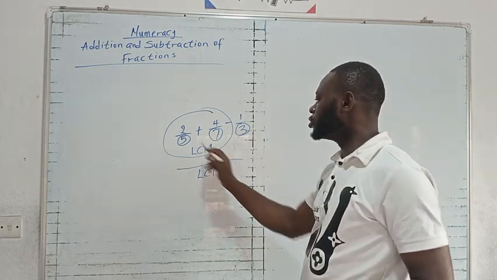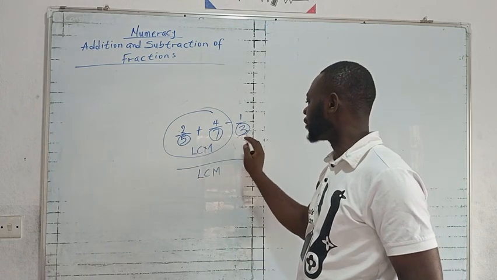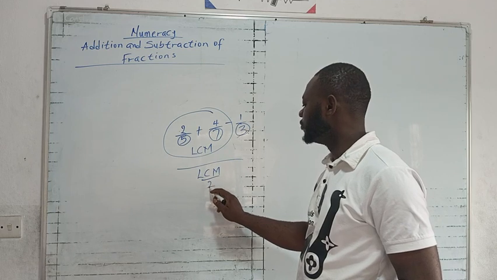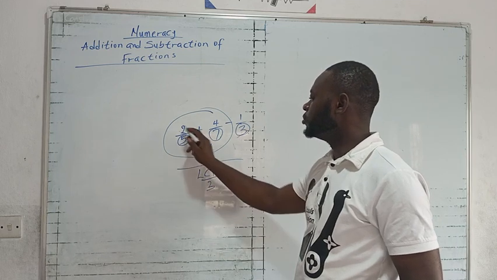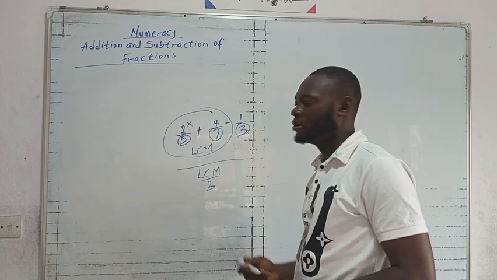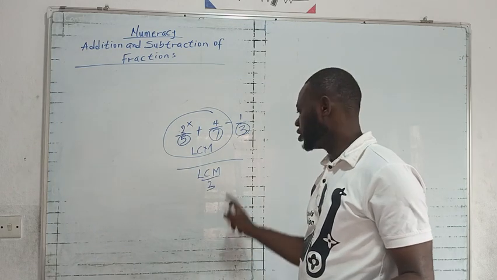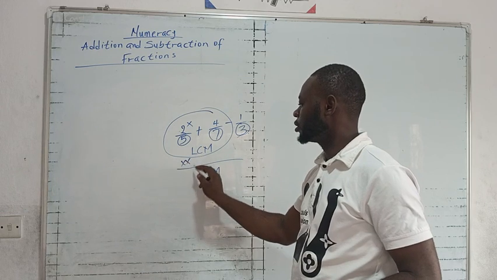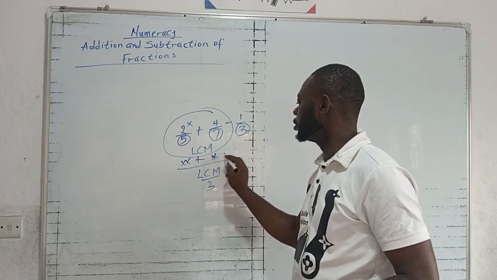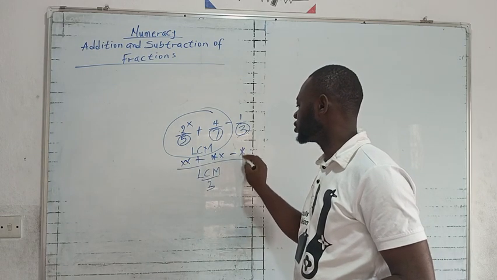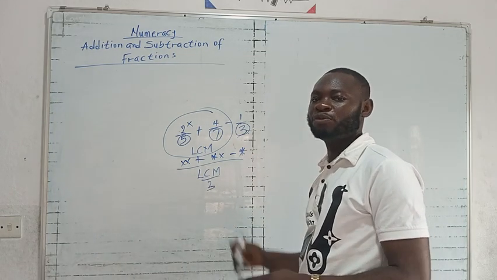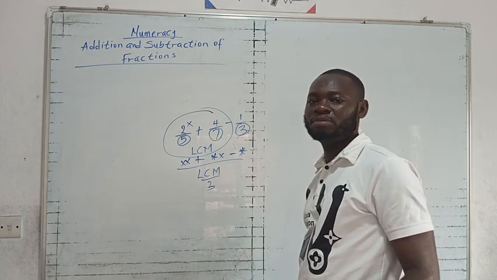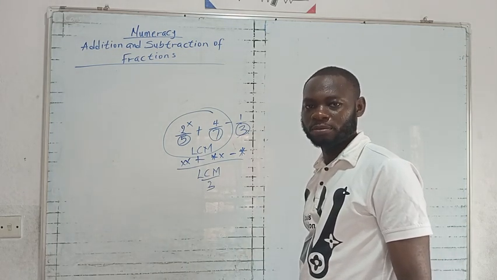Then we use the denominator of each of the fractions to divide the LCM, then we multiply the numerator by the quotient from the LCM and write it down here. Same thing we'll do for the other one, same thing we'll do for the last one. So once we've done that, we can now add or subtract the numerators while the LCM becomes our new denominator.